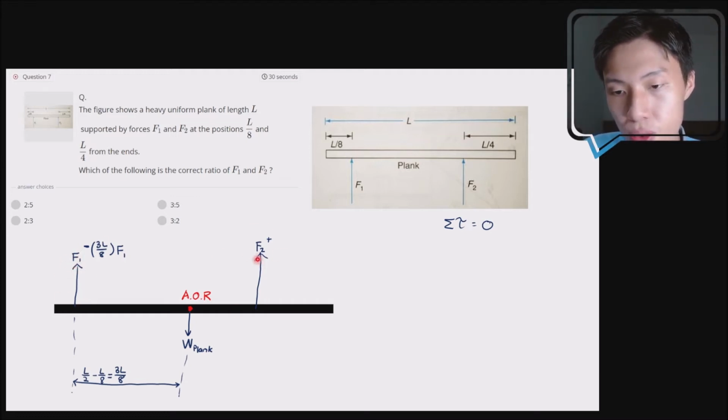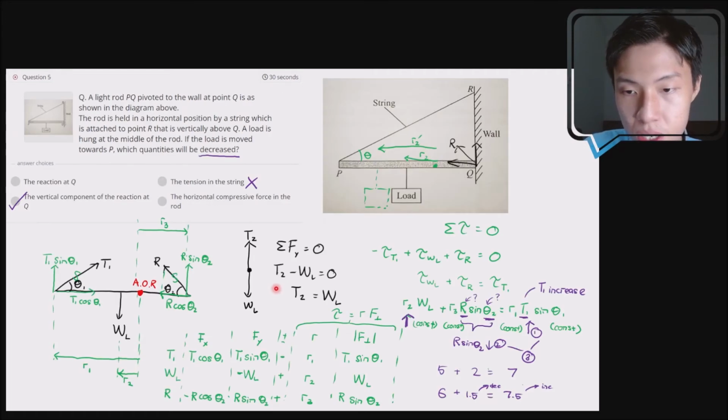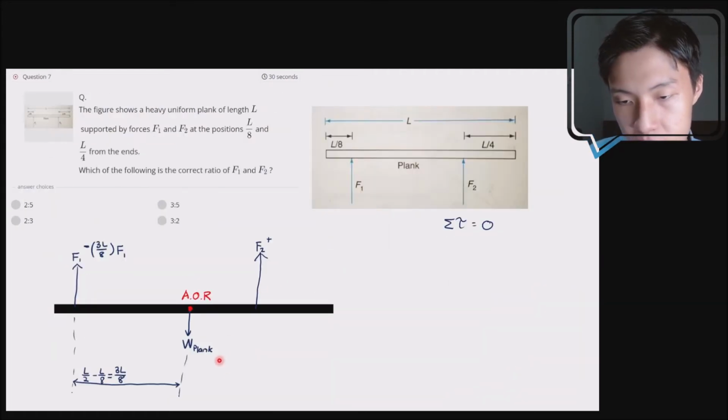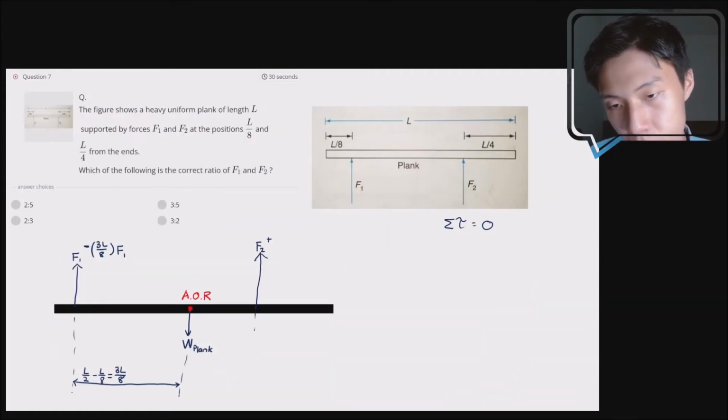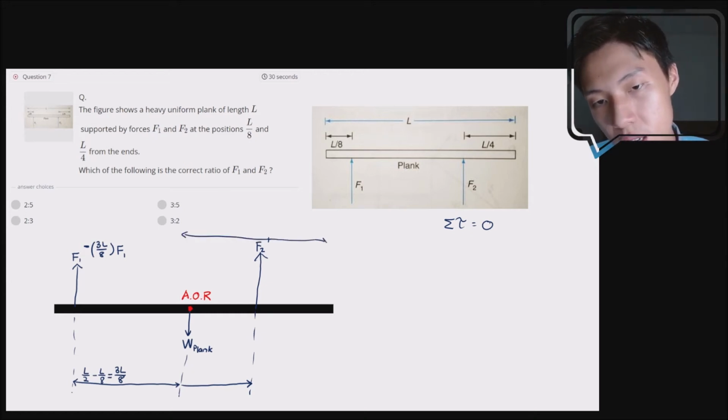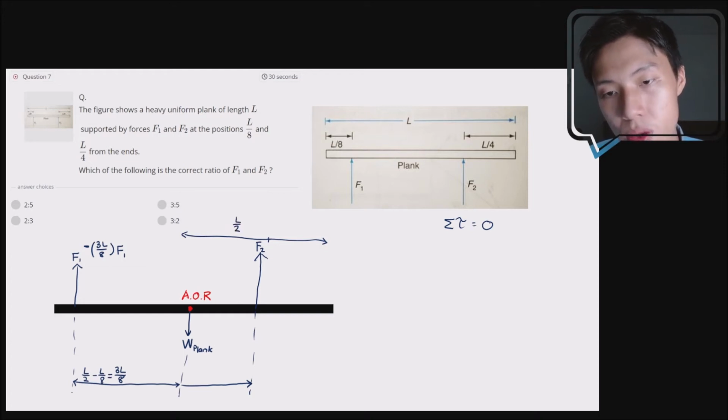Next, you look at F2, the distance from the axis of rotation to F2 over here. What's the distance? You know that the whole distance here is L over 2, and you know that this distance here is L over 4.